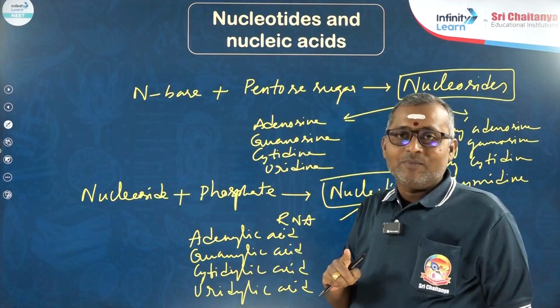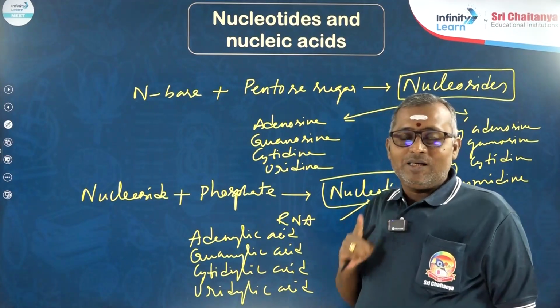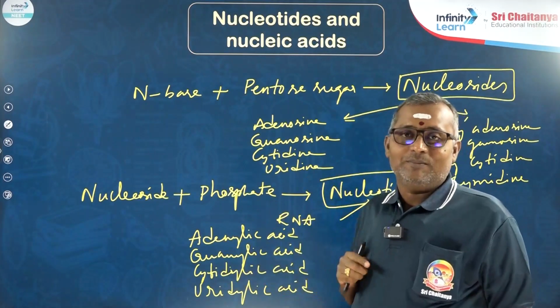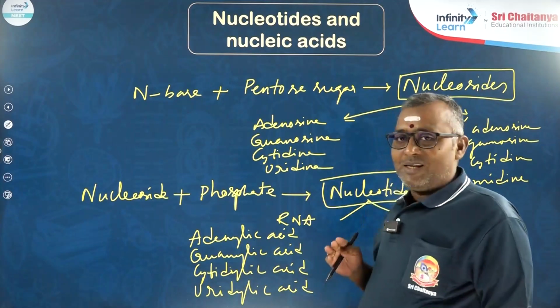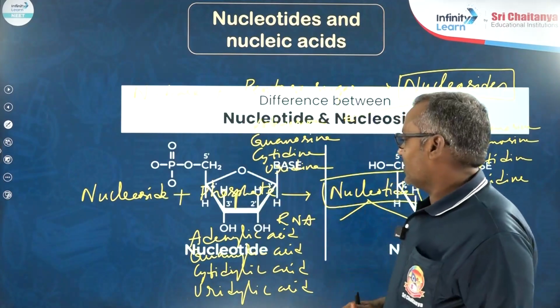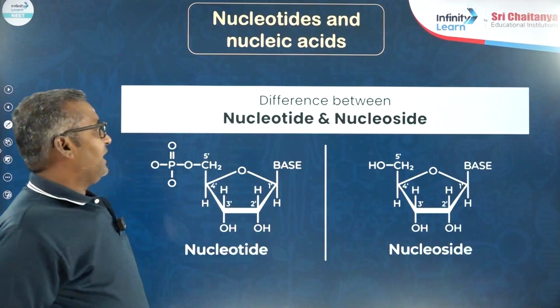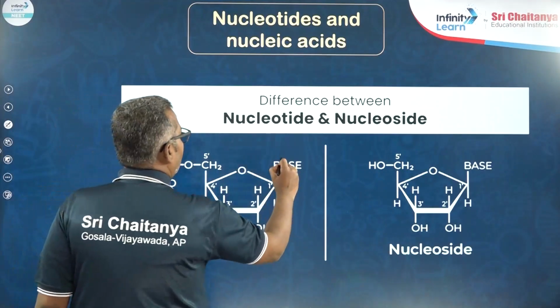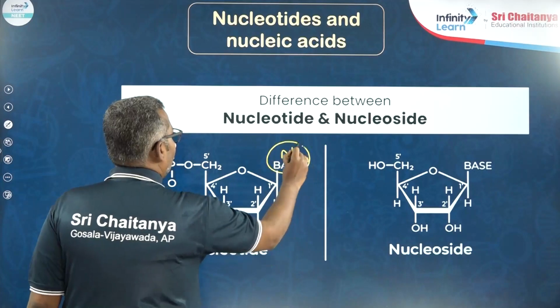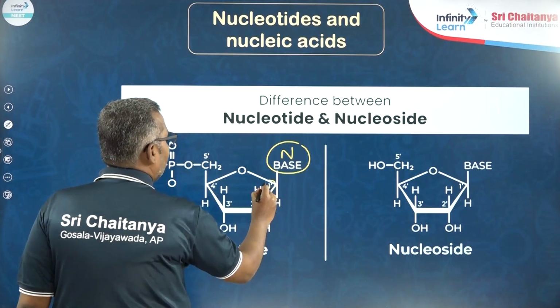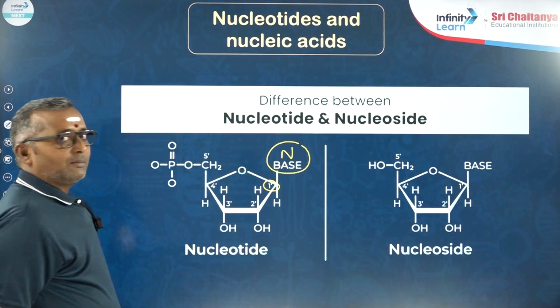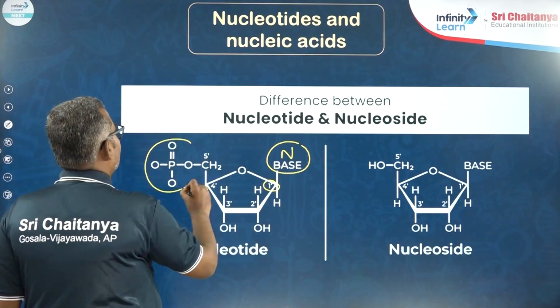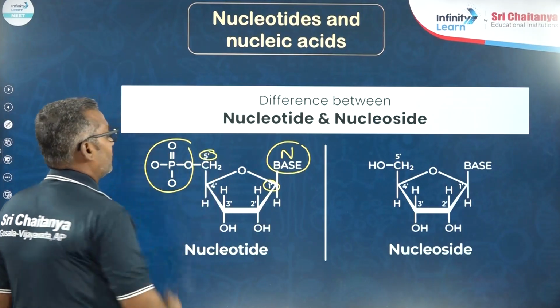RNA has uracil, DNA has thymine. That is the difference. Look here at the difference between nucleotides and nucleosides. In a nucleotide, the nitrogen base is attached to the 1' carbon of the pentose sugar, and phosphate is attached to the 5' carbon of the pentose sugar.